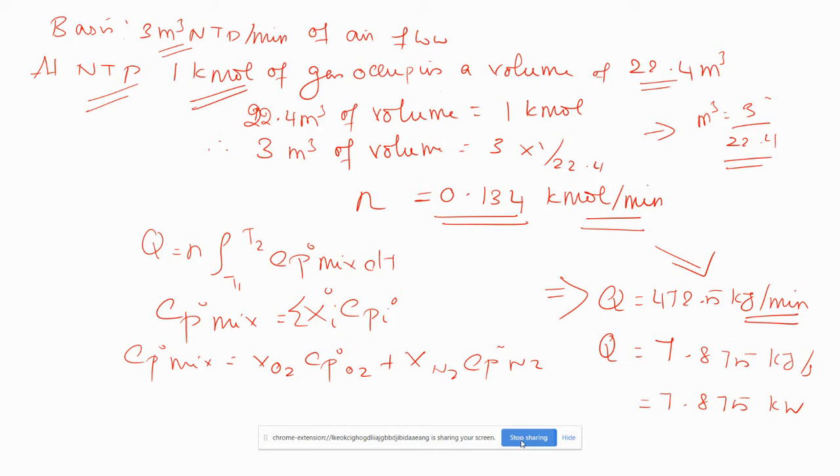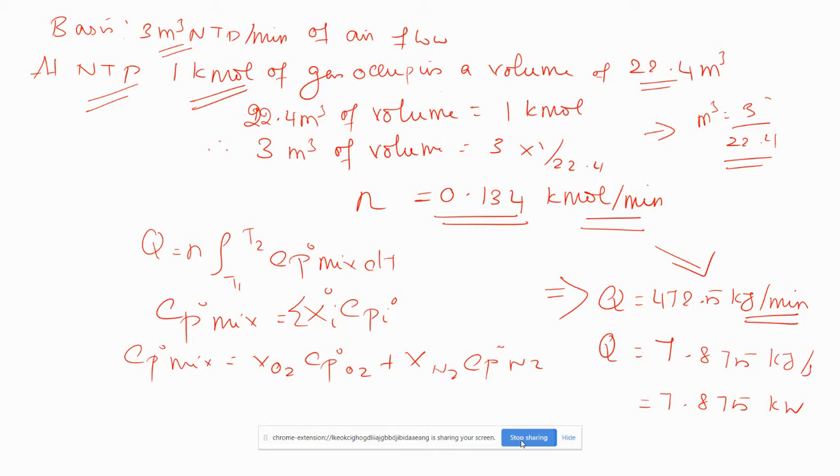So we cannot find it easily by means of the polynomial equation. To avoid that, we use the formula Q is equal to Q2 minus Q1, where Q is Cp naught M2 into T2 minus T1 minus Cp naught M1 into T1 minus T0. Once again, this is the next set of formulas.